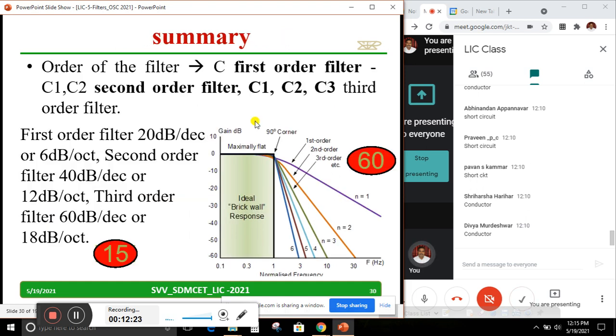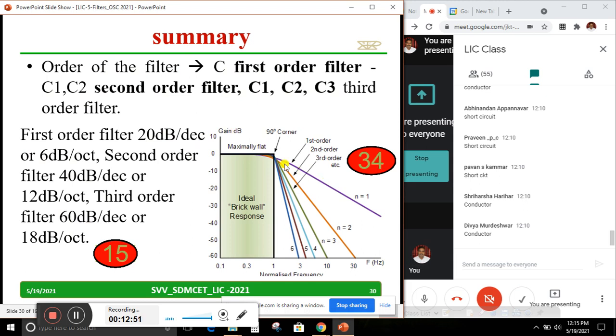All are given in one slide as a summary; copy down whatever you want from this particular slide. The order of the filter depends on the C, how many you are using. First order, I use only C. Second order, C1, C2. Third order, I use C1, C2 and C3. First order is 20 dB, second order is 40 dB, third order is 60 dB, like that it will go.